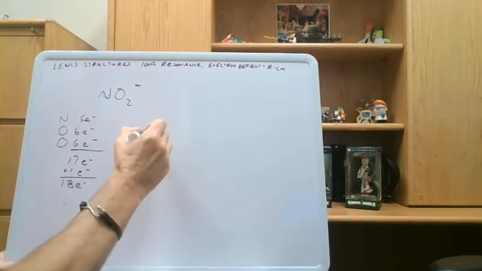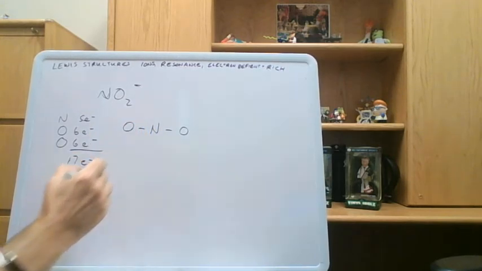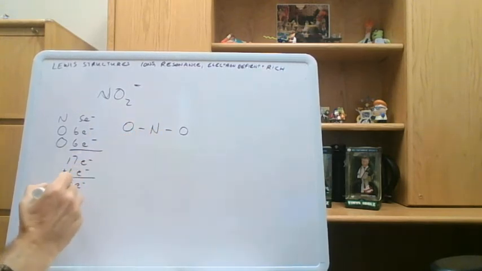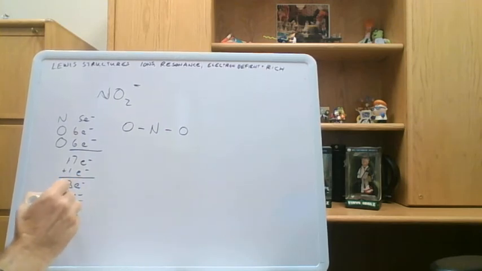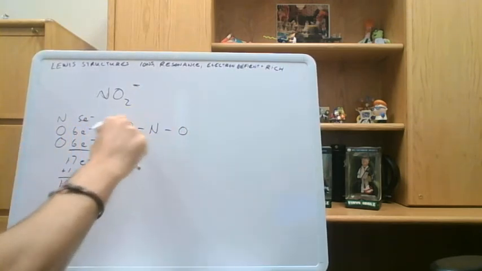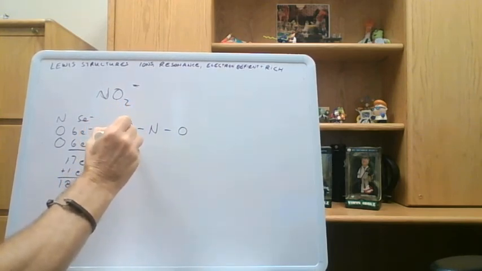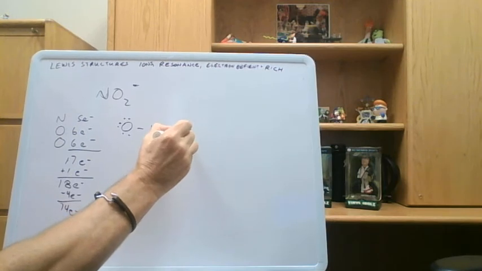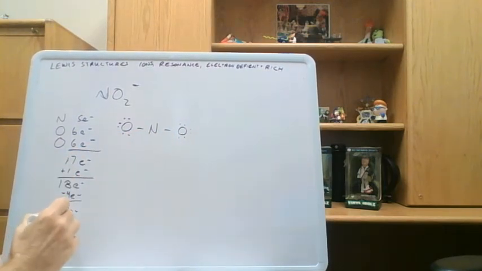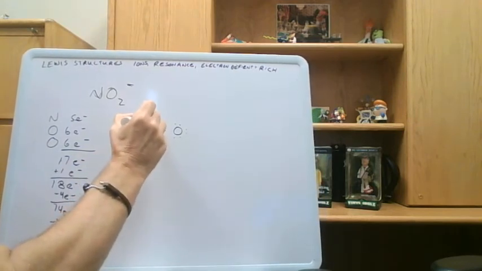So we're going to start by putting nitrogen in the middle, connecting it to these oxygens so that there's 2, 4 electrons being used. That leaves us with 14 electrons. So we're going to put them on the terminal atoms first. 1, 2, 3, 4, 5, 6, 7, 8, 9, 10, 11, 12. That leaves us with 2 electrons, then we put them on the central atom.